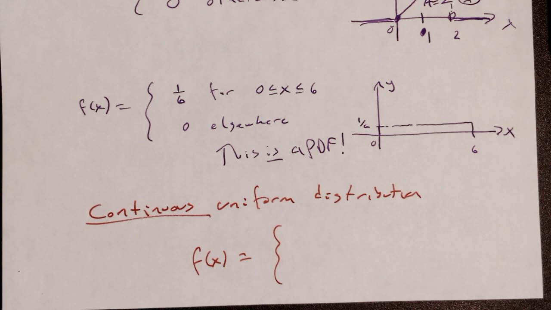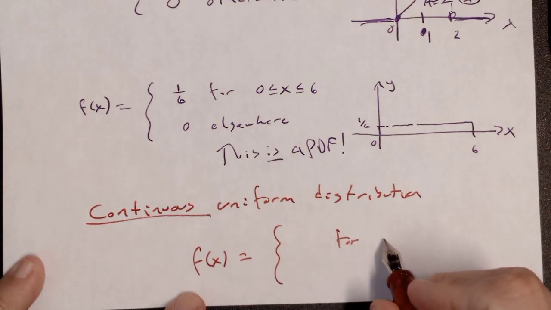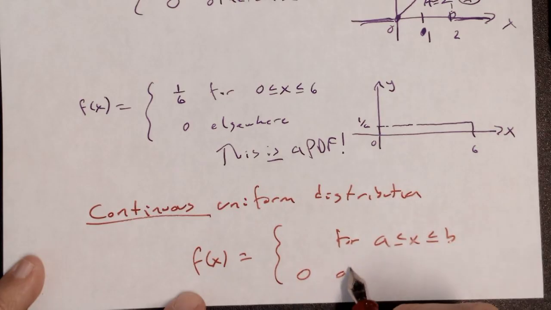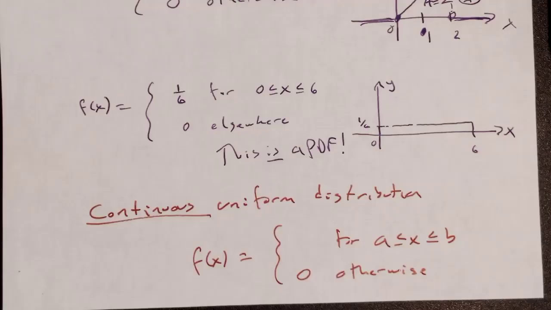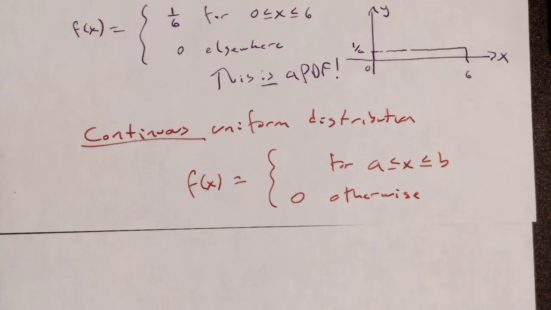So I need a value for A to B, and then 0 everywhere else. I just need to know what number to put here to make this work. Well, the advantage is that I can use this example we have right up here.